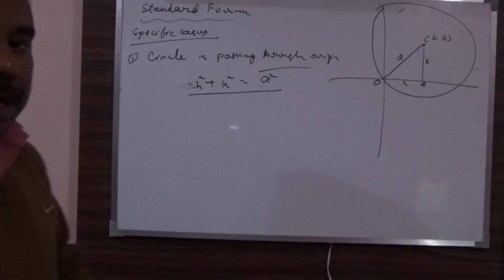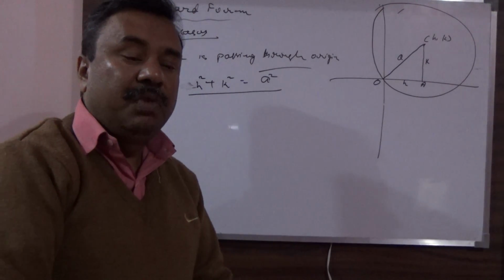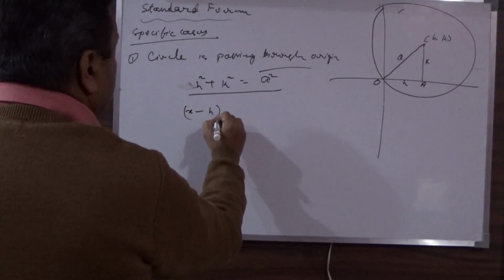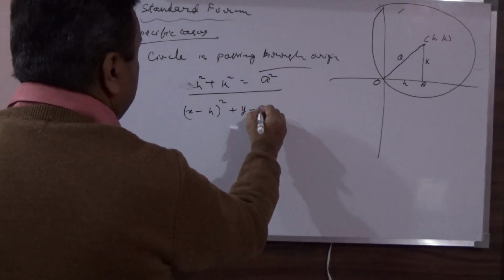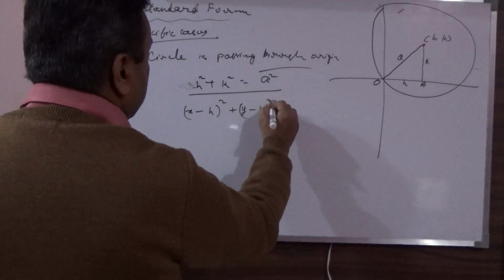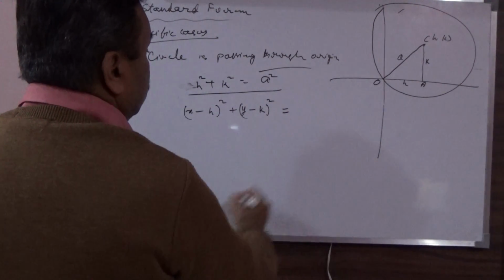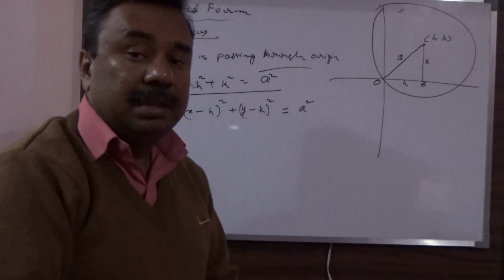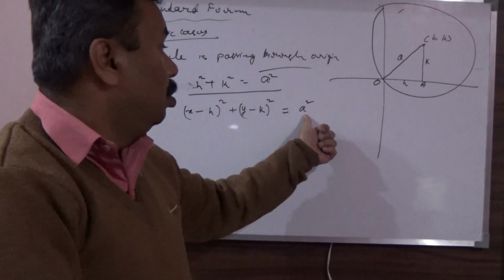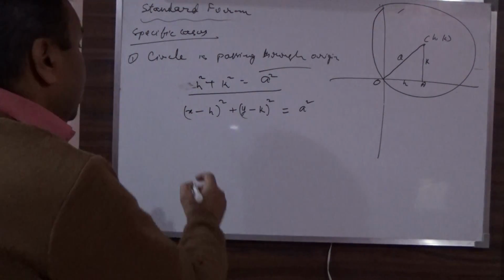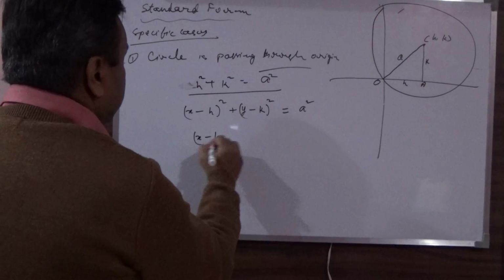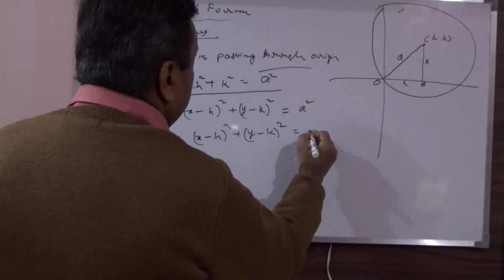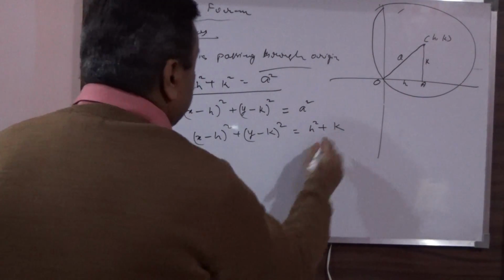Okay. Now I will use the standard form of the equation, that is (x minus h) square plus (y minus k) square is equal to a square. The only thing is that I know the value of a square, so it is (x minus h) square plus (y minus k) square is equal to h square plus k square.